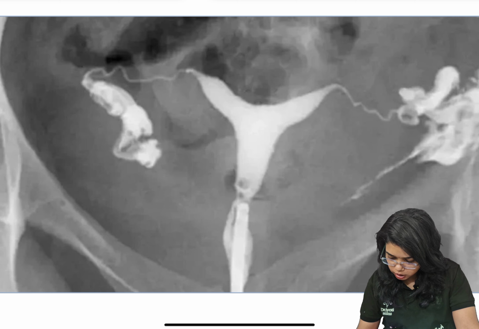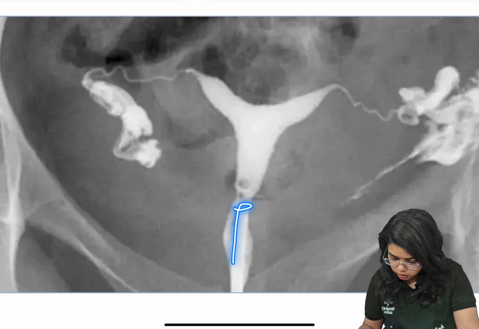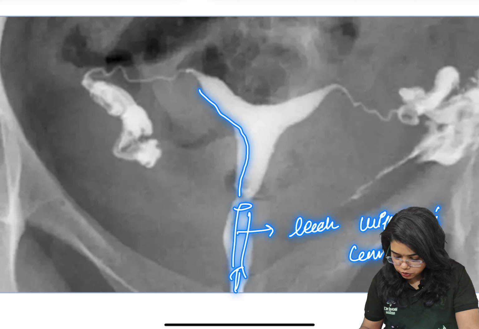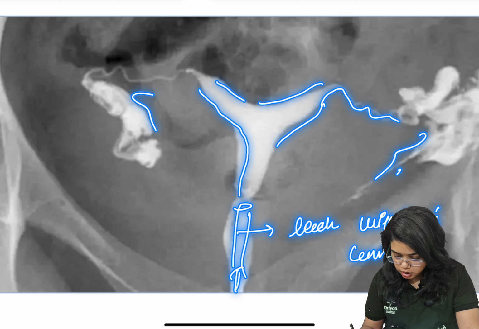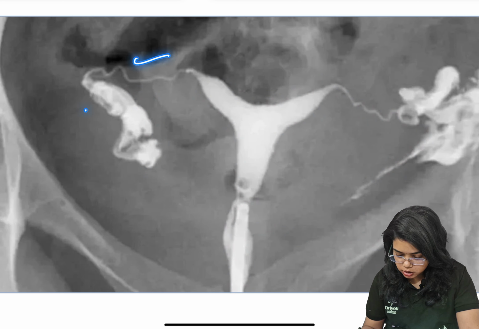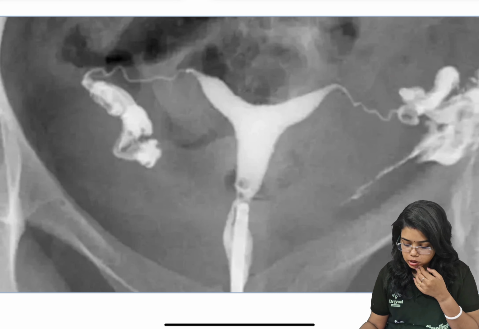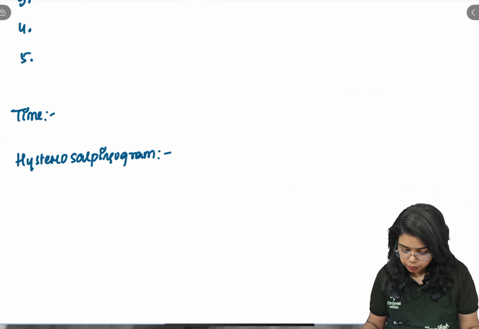In this portion, this is the cervix, and this is the Leech Wilkinson's cannula. In the cannula we inject the dye, then the uterus is filled and then the tubes are filled, and this is the bilateral spillage. This is the tube, this is the fimbria and this is the spillage. So this is the normal salpingogram.